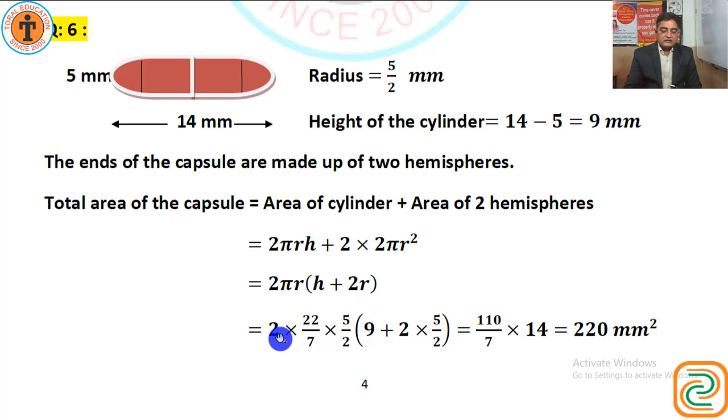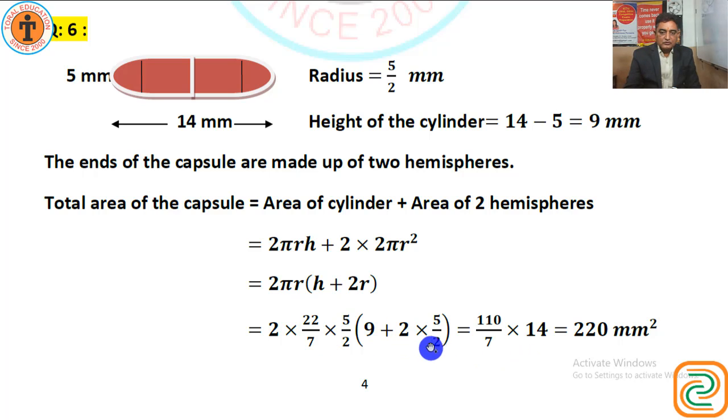And here it is the value of these constants. 2 into 22 by 7 into 5 by 2. 5 by 2 is the radius. Height is 9 plus 2 into 5 by 2. It gives us 110 upon 7, because here 2 2s cut. 22 into 5, 110 upon 7 into 14.